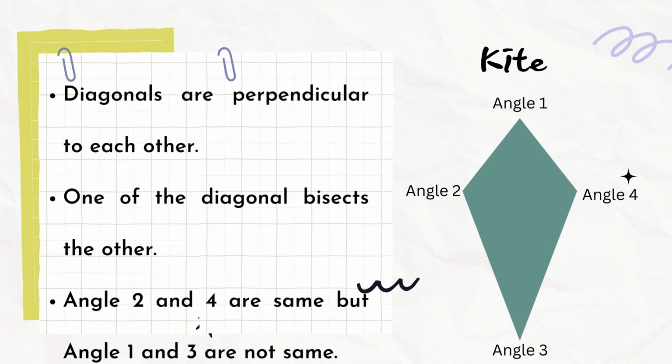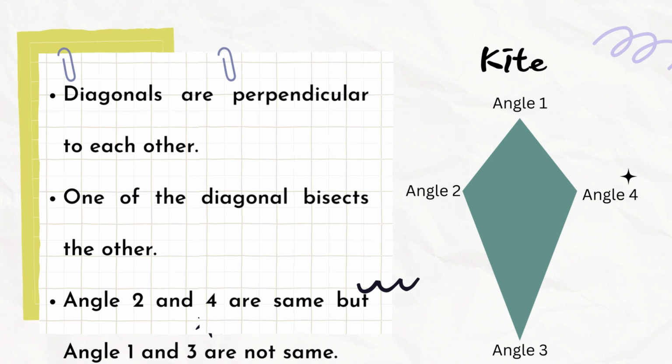The diagonal which is drawn from angle 2 to angle 4 is divided into two equal parts by the diagonal of angle 1 and 3. That means one of the diagonals bisects the other.